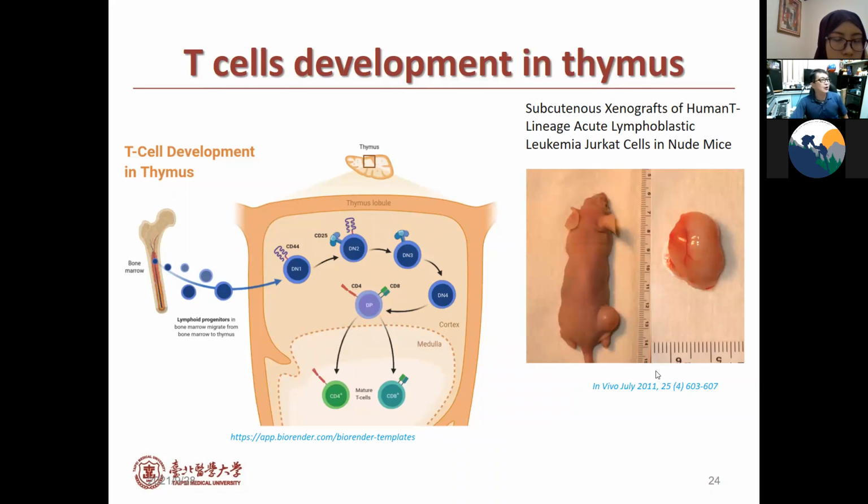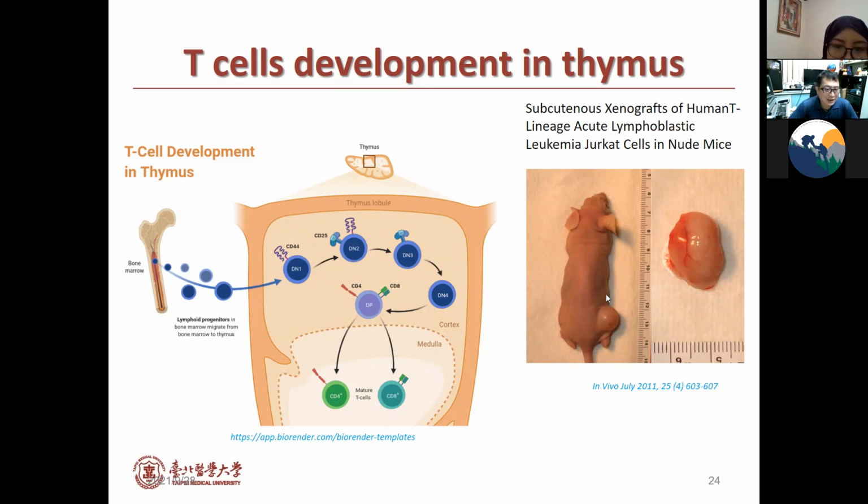Now we are going to look at these T lymphocytes. You look at this picture, nude mice. Have you performed any experiments on nude mice without hair? No? Okay, good.